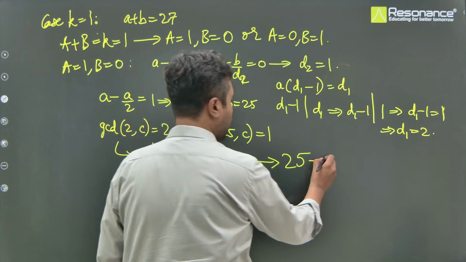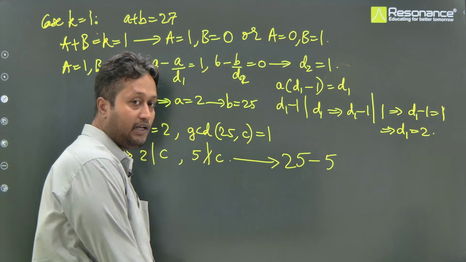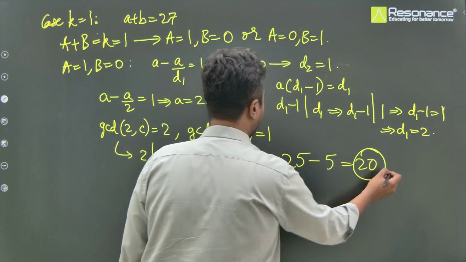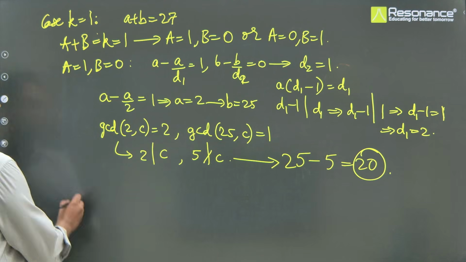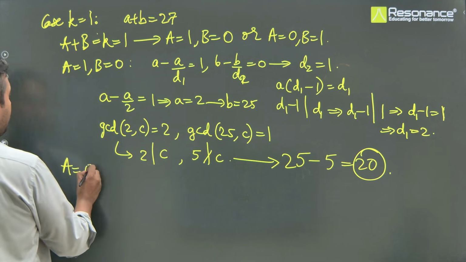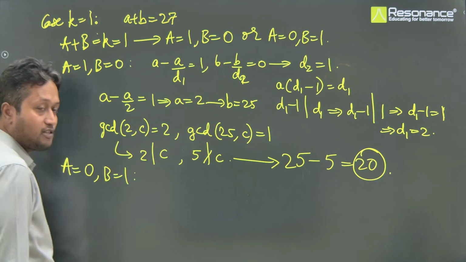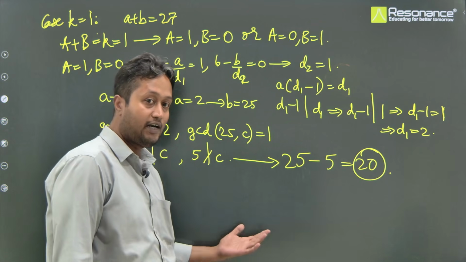So those numbers you don't want: 10, 20, 30, 40 and 50. So you have 20 cases in this subcase. Let's also work out A equal to 0, B equal to 1. It's actually quite similar to this analysis. You'll get 20 more.